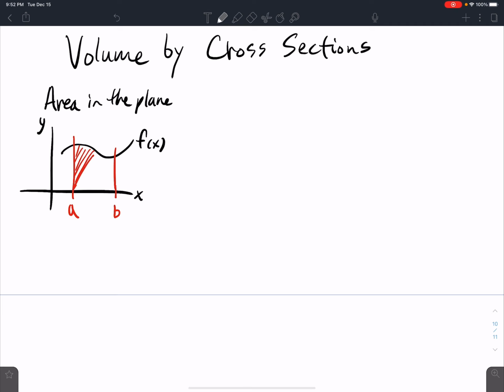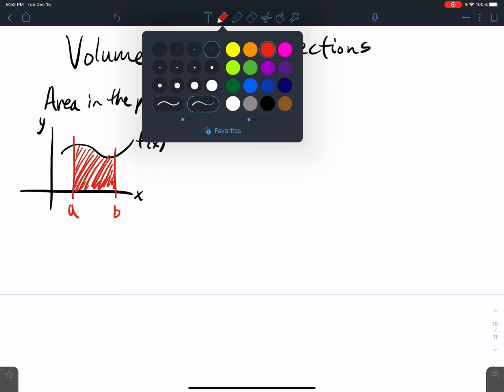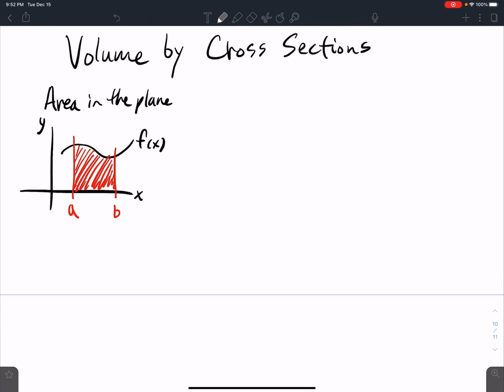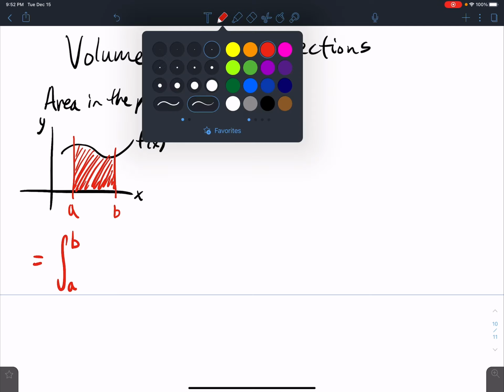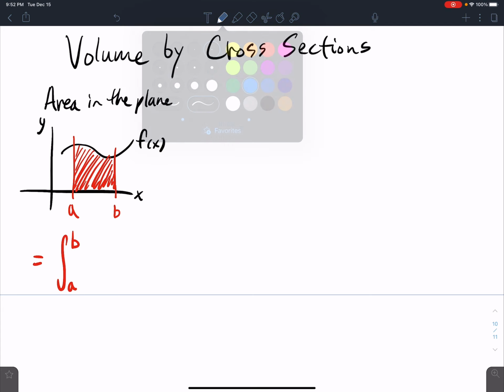Okay, so that's this area here. Then to do that, I do the definite integral starting at A, going to B. I'm adding arbitrary rectangles. So that's an arbitrary rectangle. Looks like this. I've got my dx here.